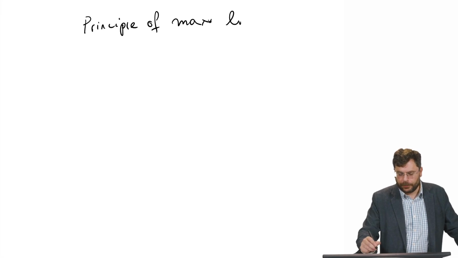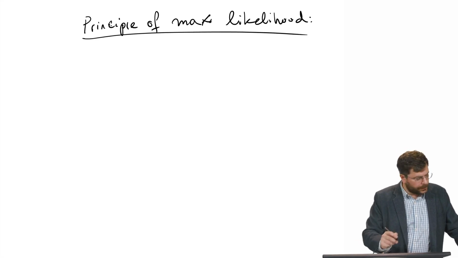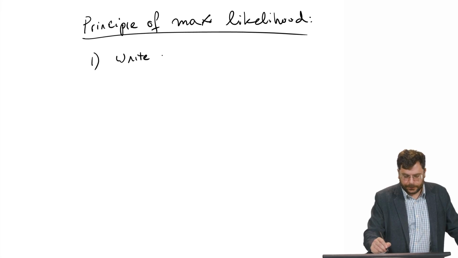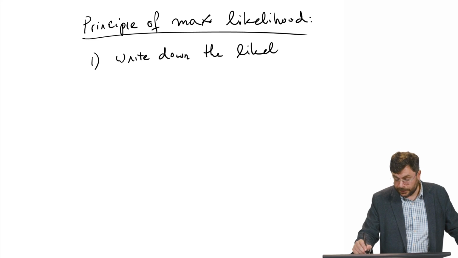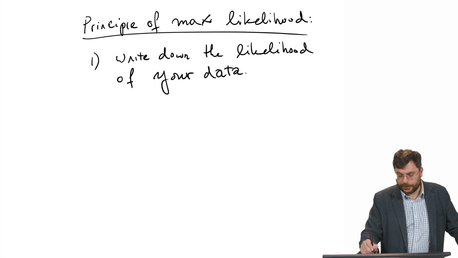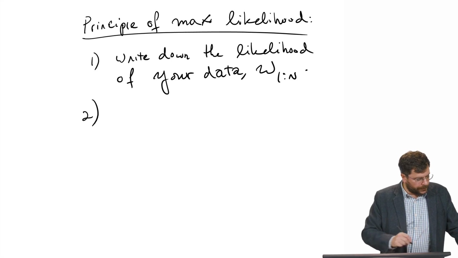the principle of maximum likelihood says, first, write down the likelihood of your data or your observations, write W 1 to n.